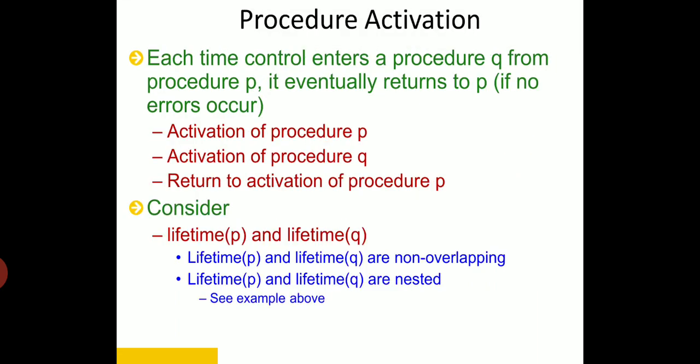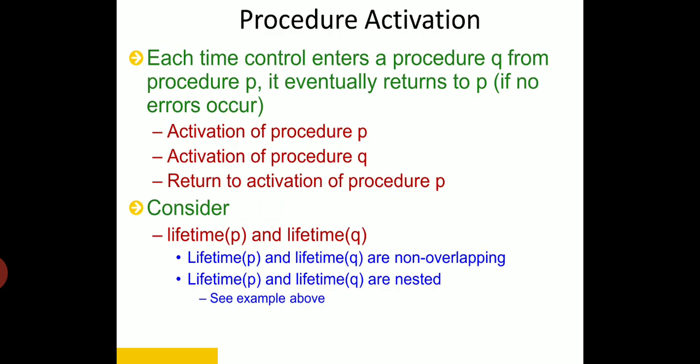We have already discussed that there will be an activation corresponding to a procedure, and the lifetime of the activation will depend upon the procedure definition. If a procedure P invokes another procedure Q, both procedure activations will exist at a time, for procedure P and procedure Q. Initially the activation for P will be invoked.